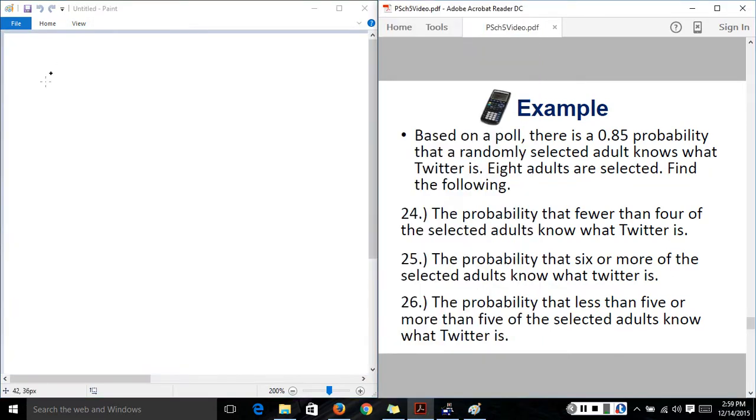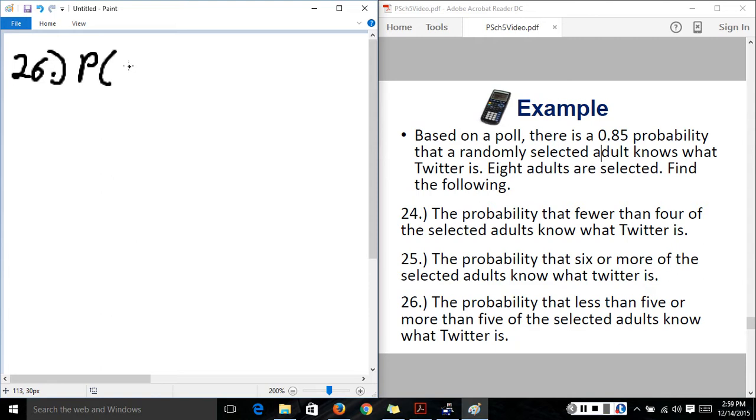Number 26. Find the probability that less than 5 or more than 5 of these adults know what Twitter is. Probability X is less than 5 or X is more than 5.